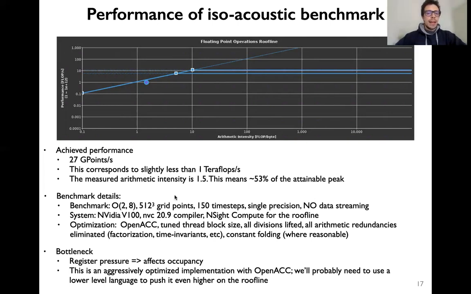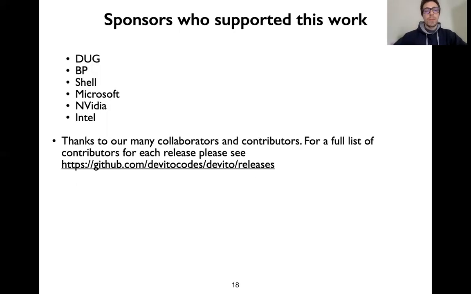So this is an aggressively optimized version of the OpenACC implementation of isotropic acoustic. Register pressure is limiting the performance today, and it's part of future work to get around these current limitations.